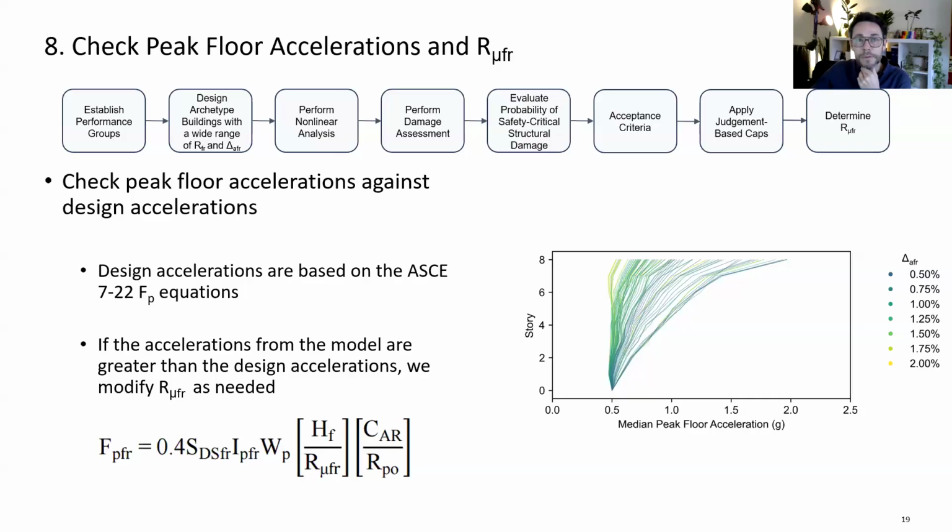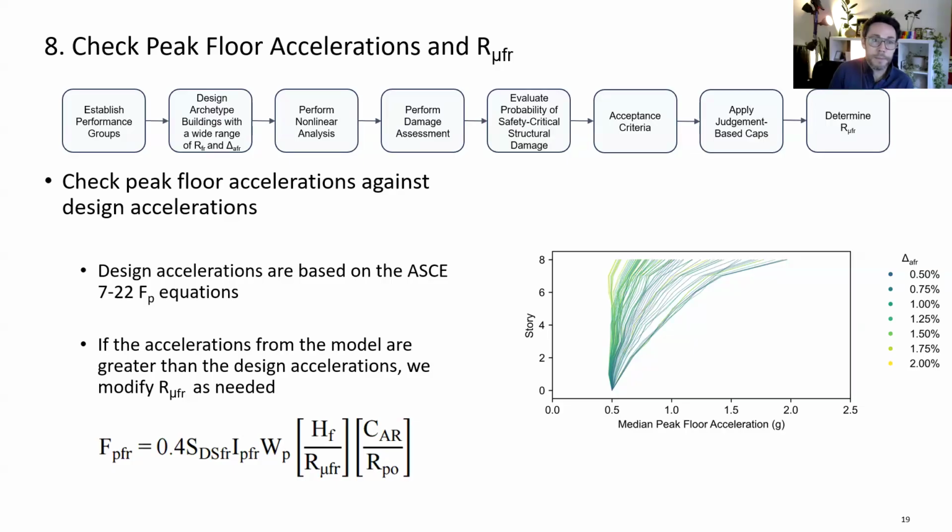Now, the very last step of this process is to check our peak floor accelerations to make sure that non-structural component design is adequate. So we compare the peak floor accelerations from our analysis with the accelerations that are actually used to design non-structural components, which are based on the FPFR equations that I previously introduced in part 1. If the accelerations from our analysis are lower than what's used in design, as you would derive from FPFR, then you're good to go.